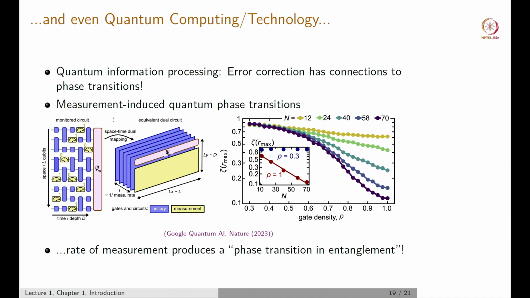What happens is, you start from some entangled state and you evolve it in time, and every now and then you measure it. There is a rate of measurement, and by changing the rate of measurement, you can change the nature of entanglement, and there is a transition from one kind of entanglement to another. Magically this is described by the theory of phase transitions that we are going to cover in this course.